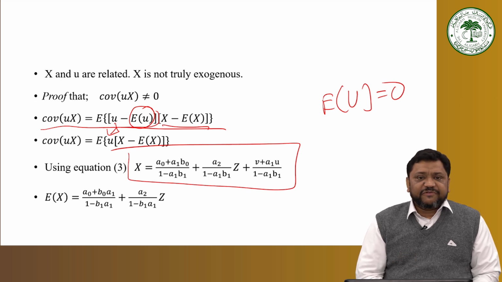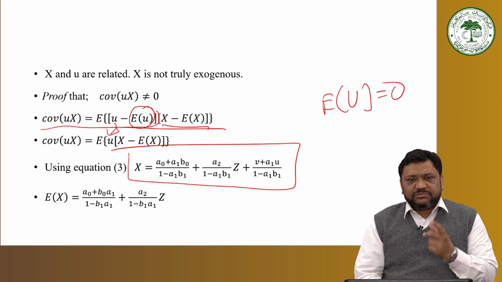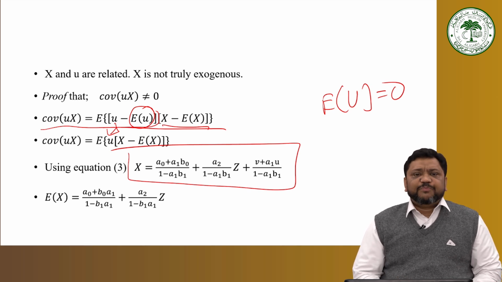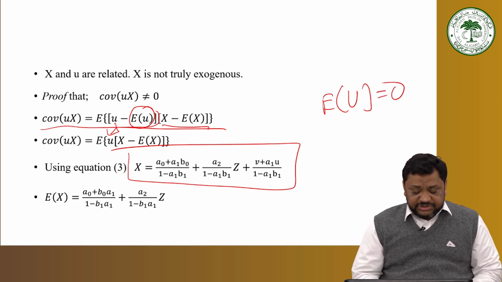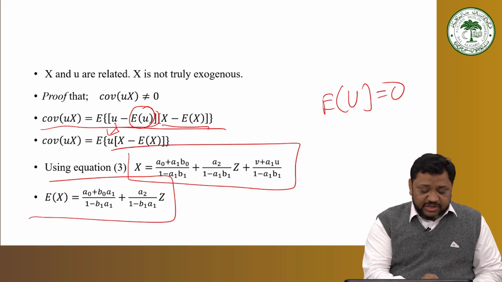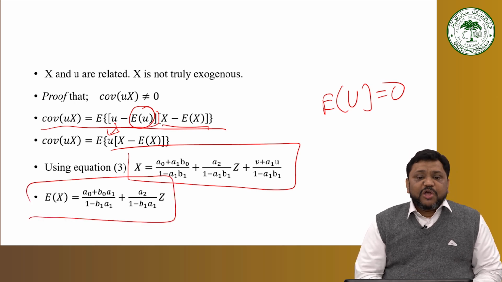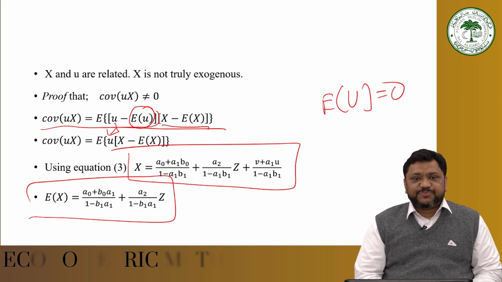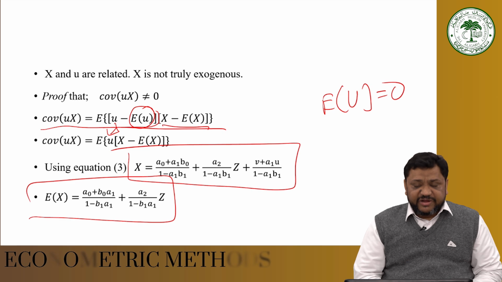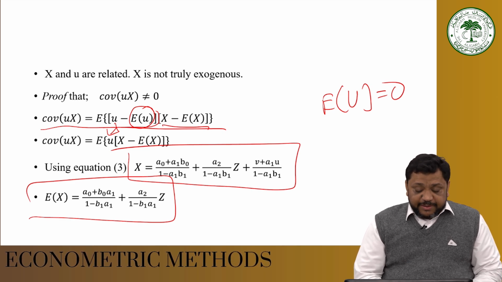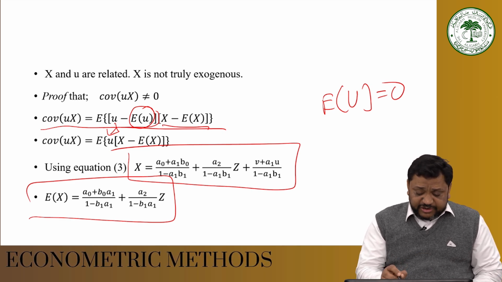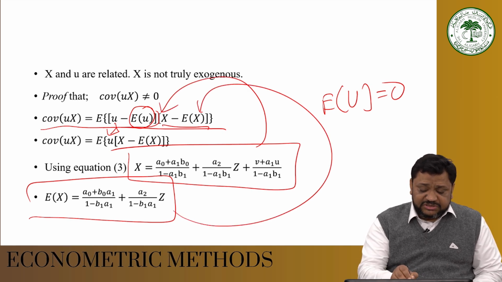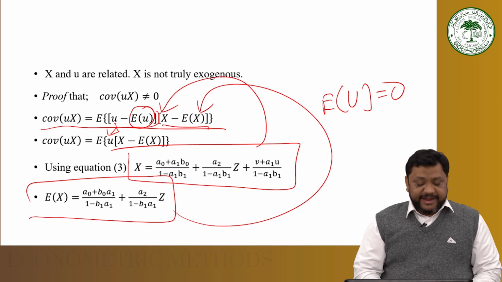So the last term of x, which has v and u components, becomes 0 when we take the expectation. We are left with only a0 plus b0 a1 divided by 1 minus b1 a1, plus a2 divided by 1 minus b1 a1 times z. So in this equation we have what is to be inserted in place of x, and we also have what is to be inserted in place of expected x.